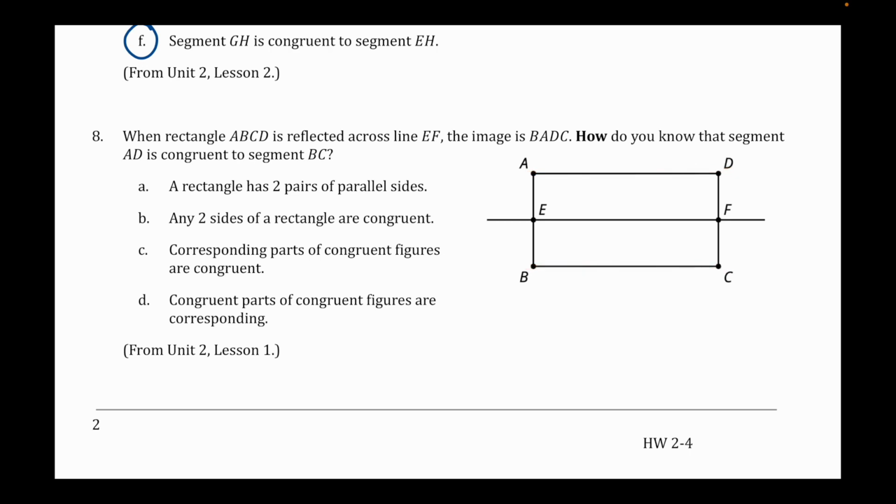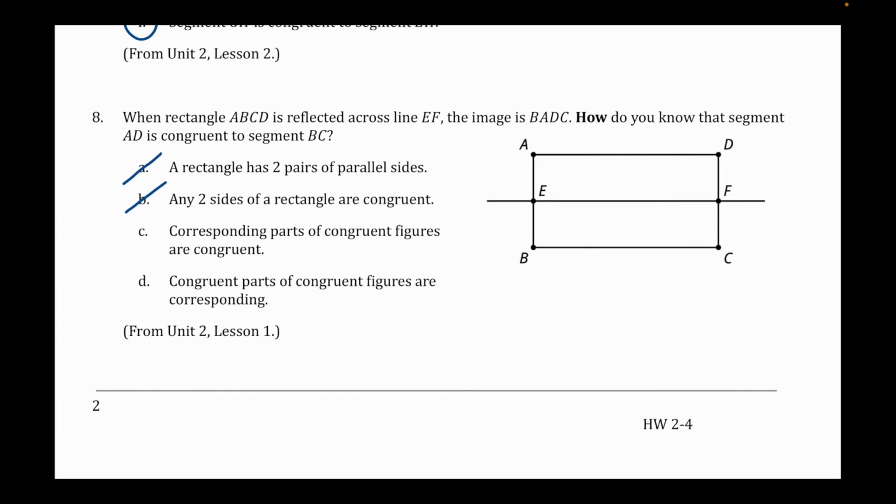Now we have a couple choices. A rectangle has two pairs of parallel sides. Any two sides of a rectangle are congruent. Corresponding parts of congruent figures are congruent, or congruent parts of congruent figures are corresponding. Well, this is definitely CPCFC, but we have two choices that actually spell out CPCFC, as you'll notice.